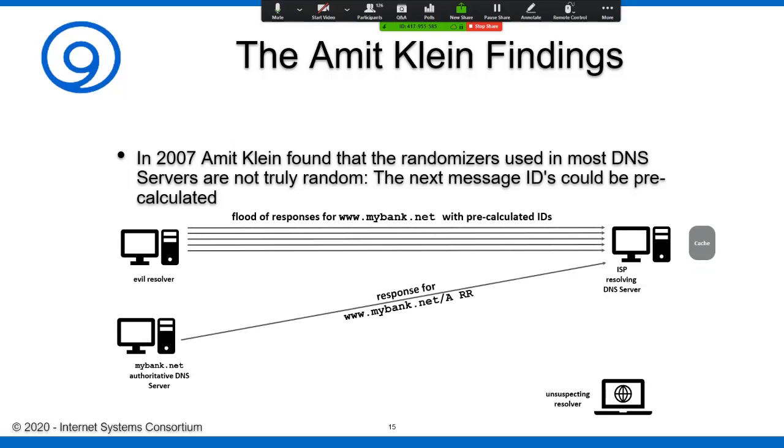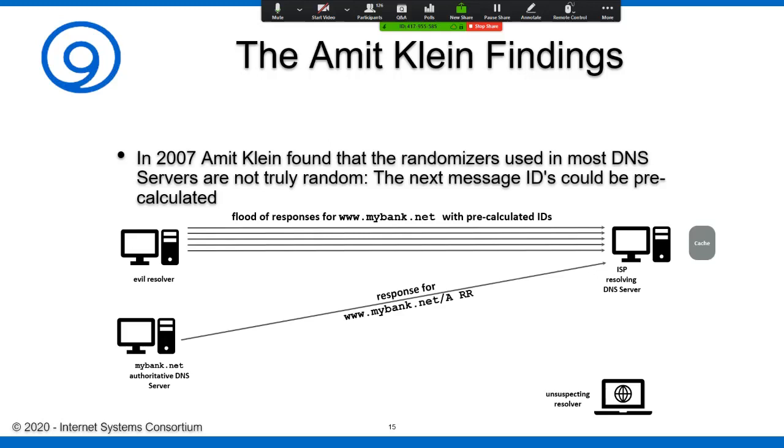The pre-calculated IDs would hopefully, in the case of the bad guy winning, match the query ID that had been sent from the ISP up to mybank.net, and then was in the response from mybank.net back to the recursive server.